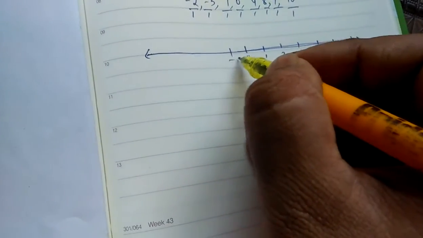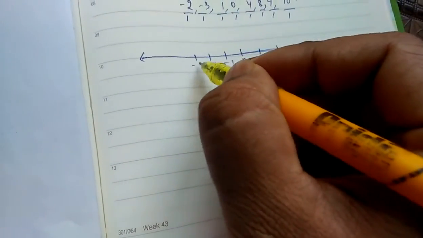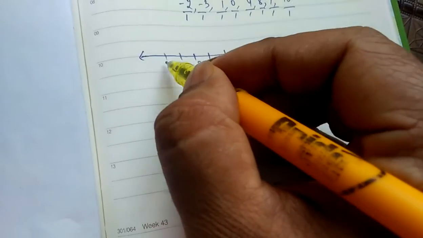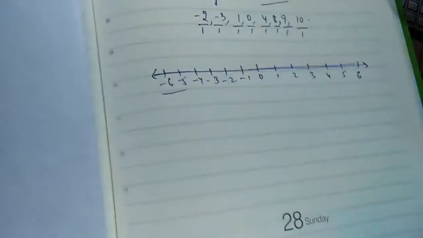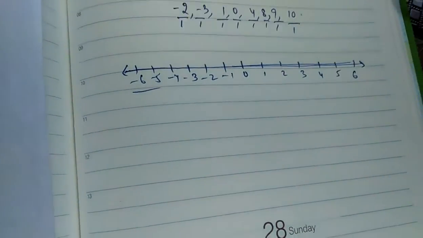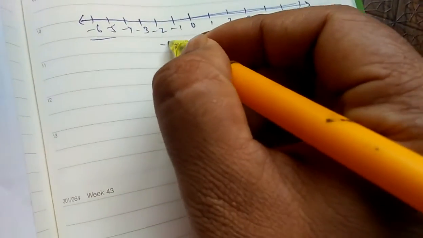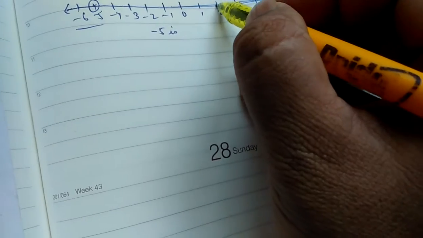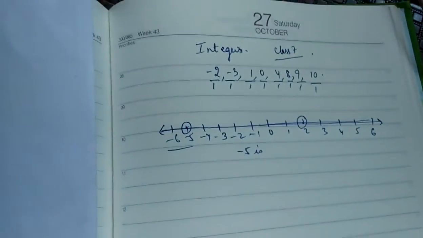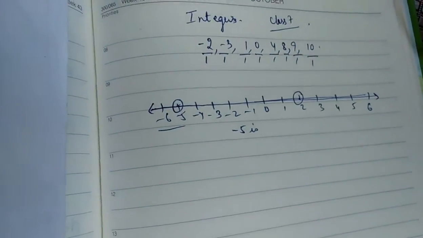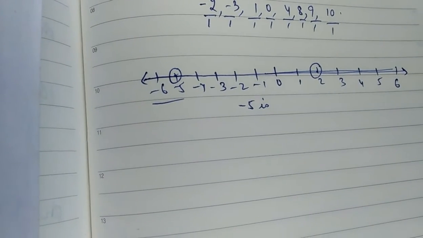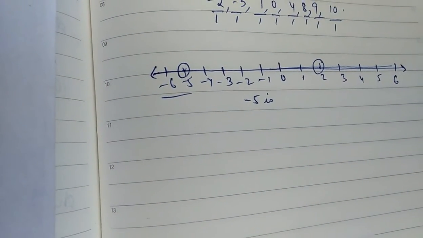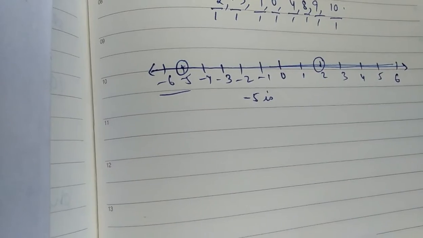This is -1, -2, -3, -4, -5, -6 and so on. Let's say -5 is this, and 2 is this. So -5, -1, 3 are all integers that we can mark on the number line.